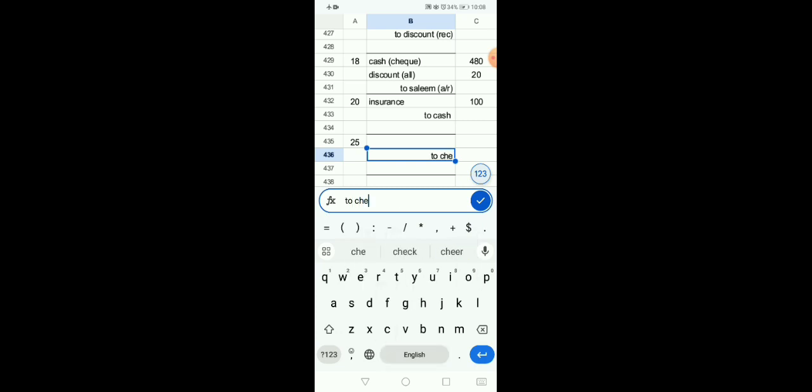So you were supposed to write check over here as the check is going out. As you know, we do not write check in accounting. In place of check we write cash. So for the time being we have considered that check as cash. Cash is going out. Check is just for reference. It is unnecessary to be written over here, but we have written it for reference.